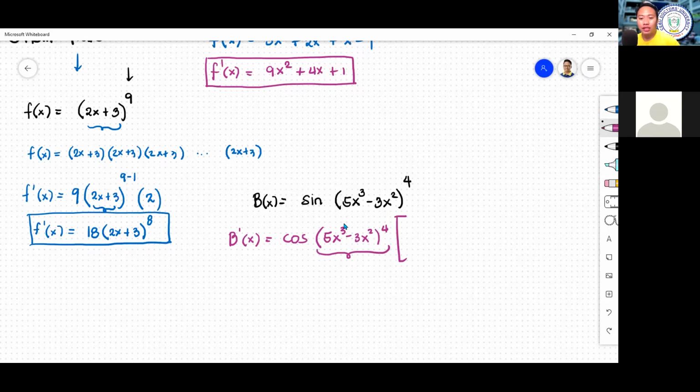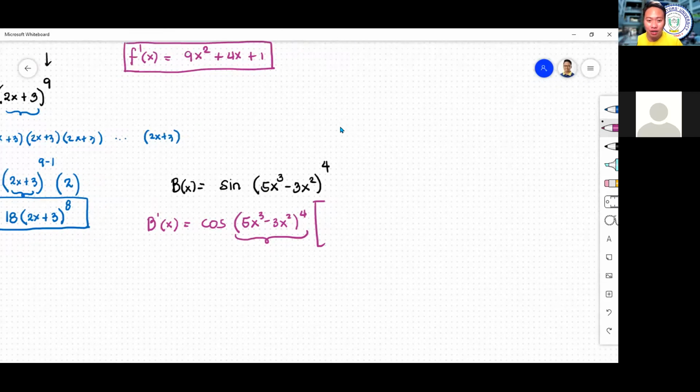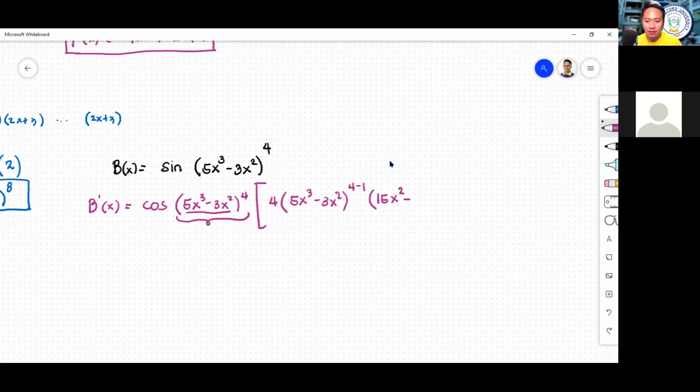Okay? So if we're going to get that, you bring down 4 times, you copy again the terms inside the parentheses, 5x cubed minus 3x squared raised to the power of 4 minus 1, times the derivative of the terms inside the parentheses, which is 15x squared minus 6x.